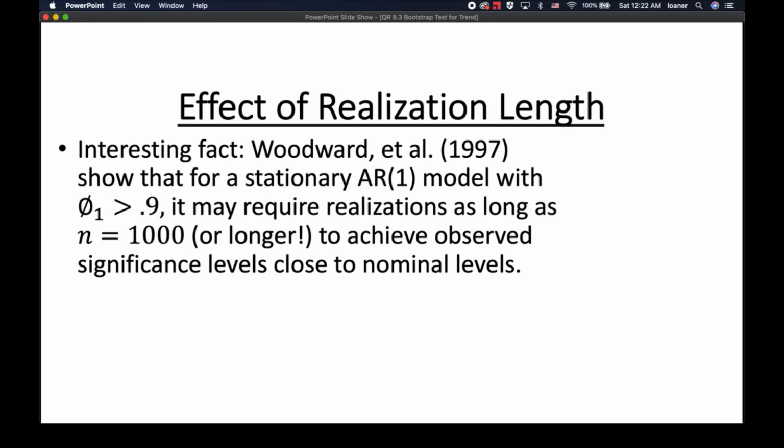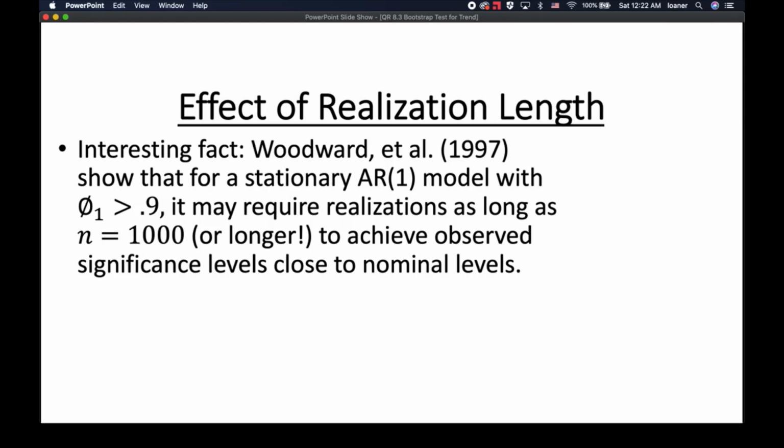And in 1997, when Woodward, Bottone, and Gray did their work, they showed in that paper that for a stationary AR(1) model with phi1 greater than 0.9, it may require realizations as long as n of 1,000 or longer to achieve observed significance levels close to the nominal levels that they were supposed to calculate.